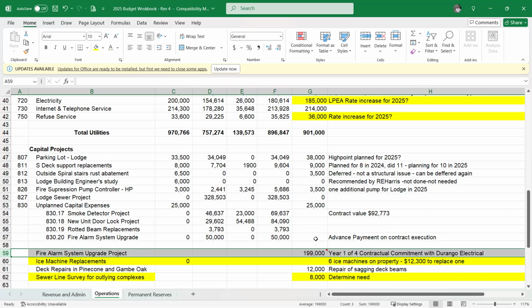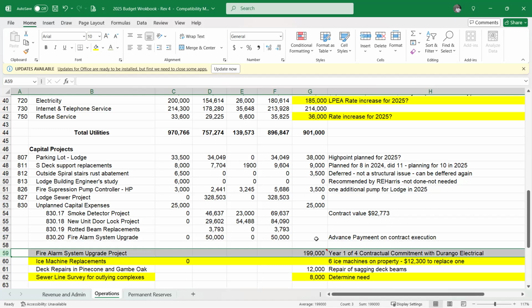Our 2025 cost to Durango Electric is $199,000. What I need to know is, and Bobby, this is for you, are there going to be any internal costs for this? For 2025? Yeah, for next year.